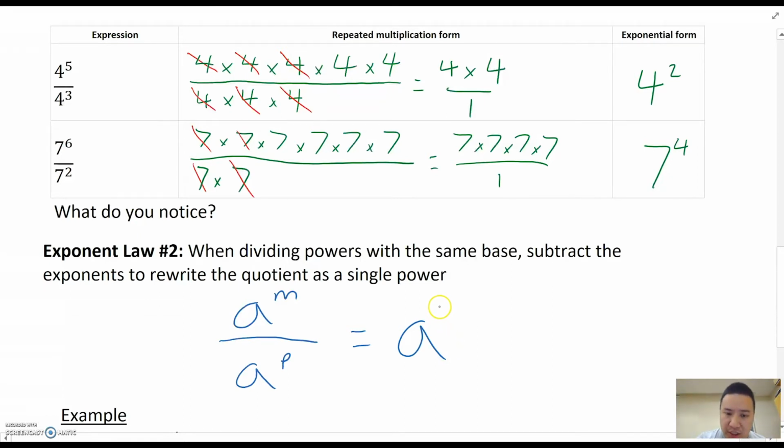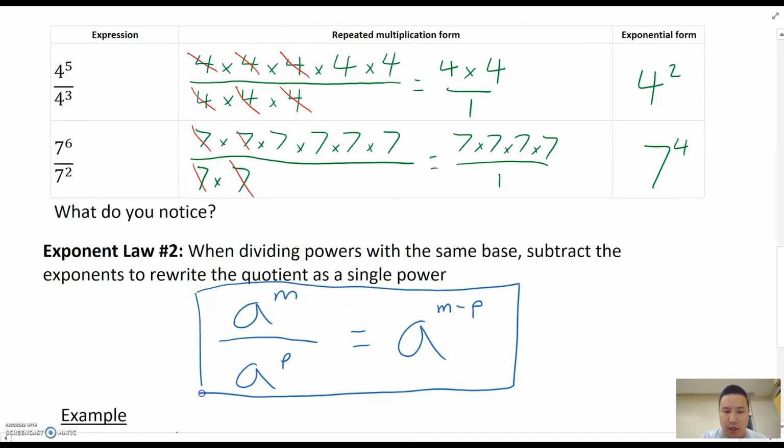So it's going to be the top exponent minus the bottom exponent. Whatever that is, that's going to be our new exponent on our single power. There you go. That's exponent law number 2. So that's another shortcut we can use to simplify these expressions.